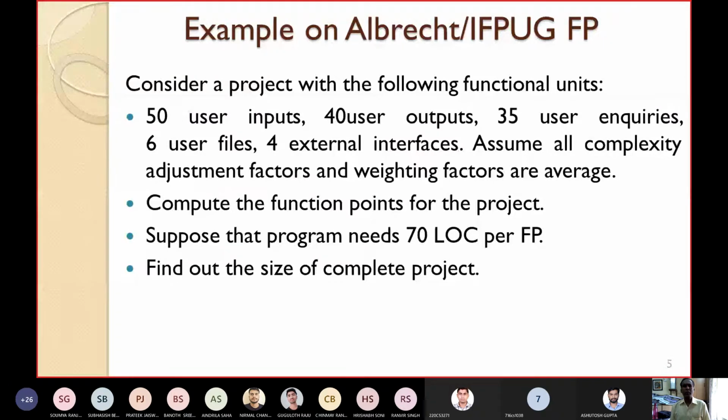Assume all the complexity adjustment factors and the weighting factors are average or medium. So what we have to do is compute the function points for the project. And suppose the program needs 70 LOC per function point, then we have to find out the actual size of the complete project.